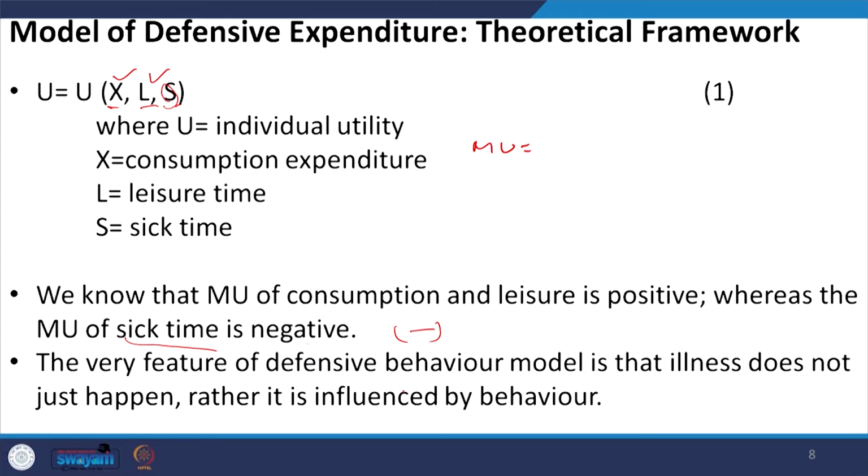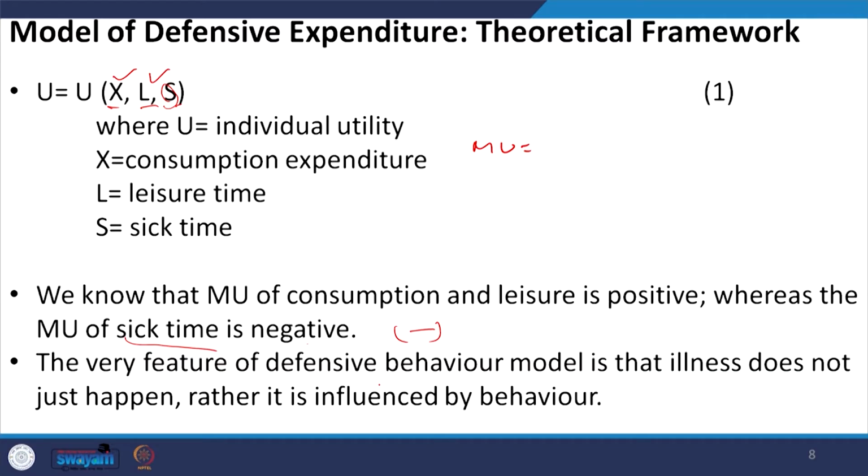Again, the very characteristic of this defensive expenditure model is that illness does not just happen. We cannot say that illness happens without any reason. If you are rational, then you have to search for the cause of this illness, and the rational individual thinks about and searches for the factors because of which he or she is falling sick for how many days. Based on this understanding, the very feature of this defensive expenditure model is that illness cannot happen just like that.